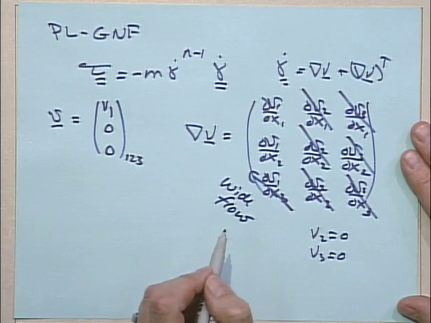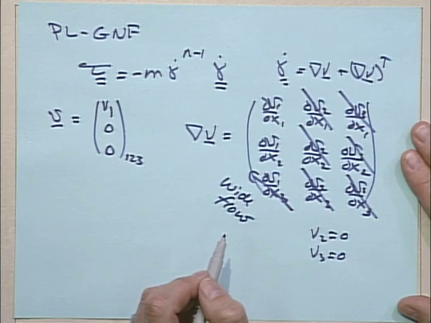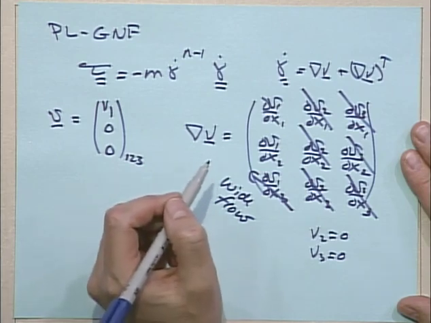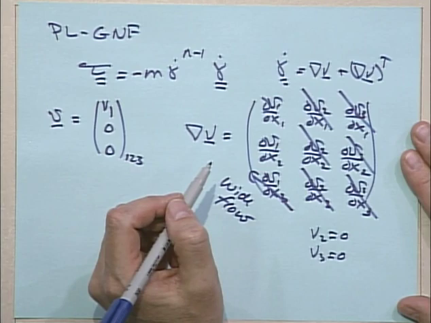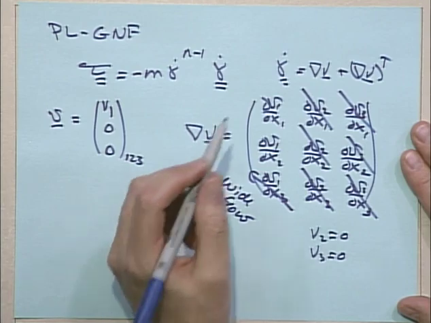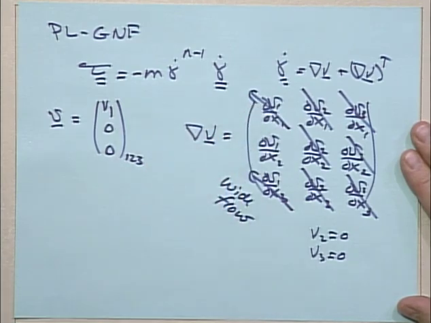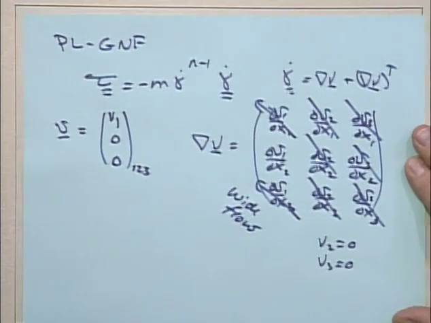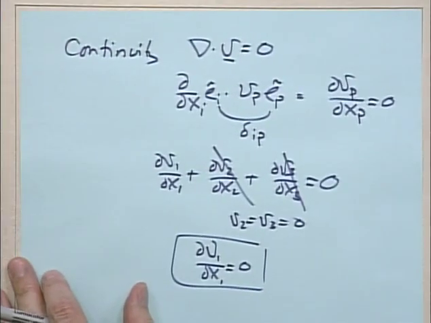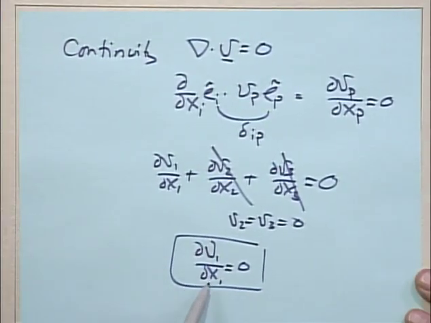Any other term? dv1 dx1 goes to 0, I think. Right. This one is 0 because of the continuity equation, exactly.